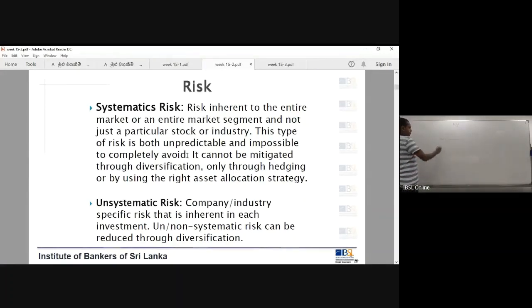You can only hedge or change allocation. Whereas unsystematic risk can be diversified.